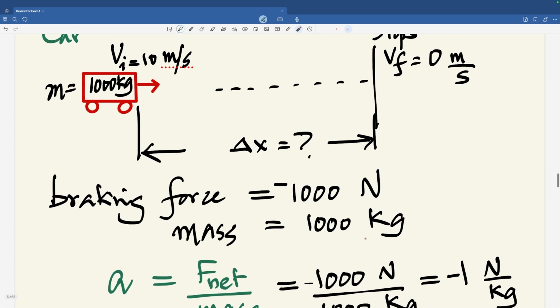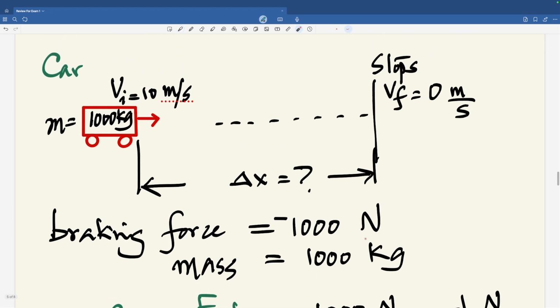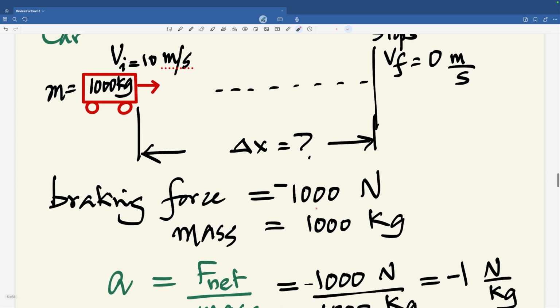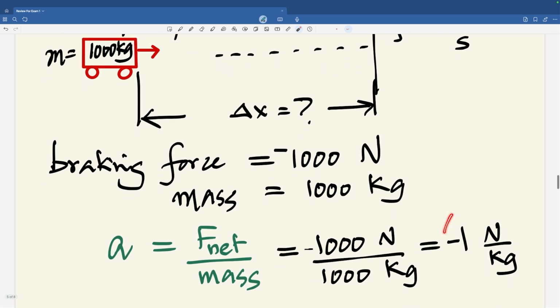Now, which formula should you use? You are allowed to use the formula sheet, but you have to look at the equation or the formula that has the final velocity, the initial velocity, the acceleration, because we have the acceleration, and of course delta x, because that's what we're trying to find.